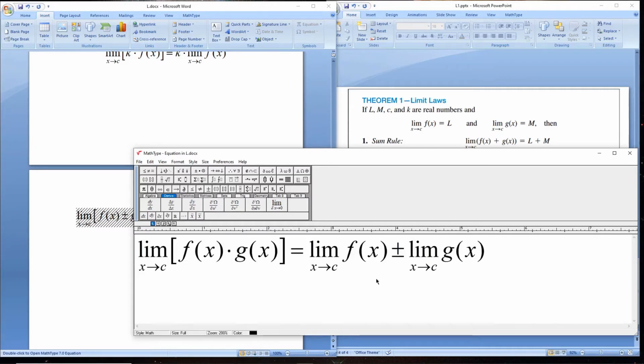So distribution is only for plus or minus. So multiplication is something different. This doesn't quite have a name, but I like to call this pass along. So we are taking the limit of two factors. We can pass along the limit to each of those factors.